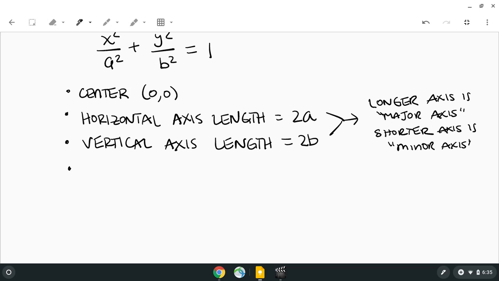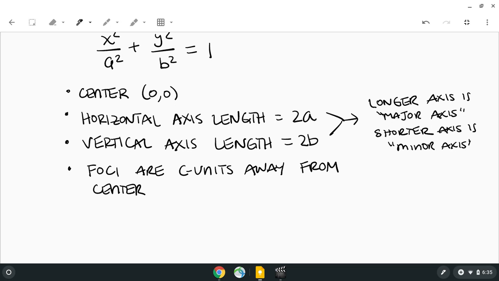The two focus points, the foci, are going to be c units away from the center, in the direction of the major axis, from the center along the major axis.